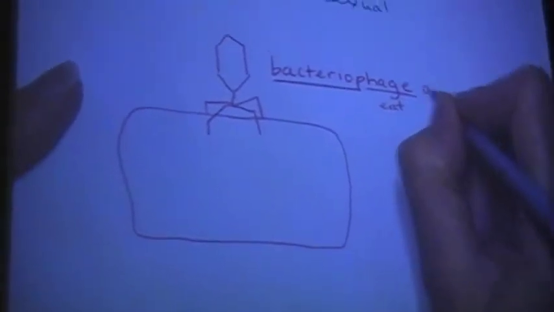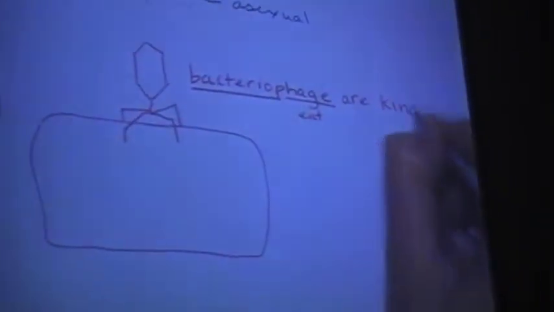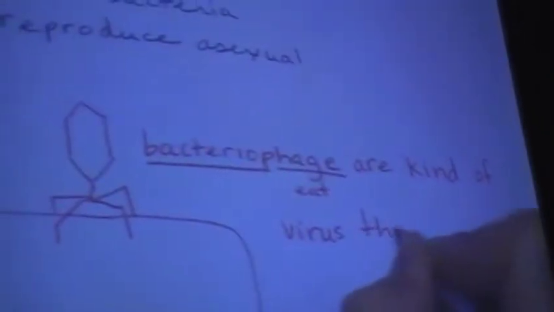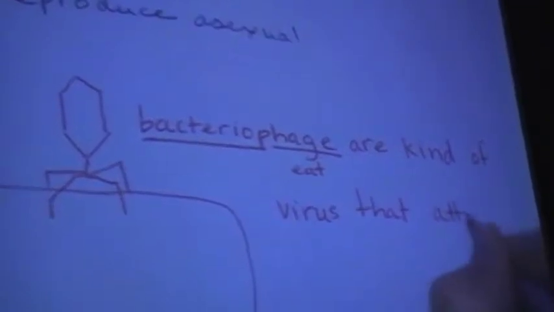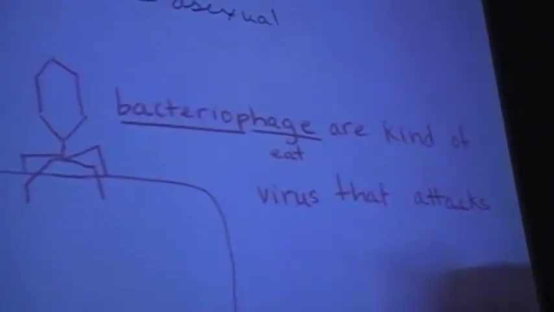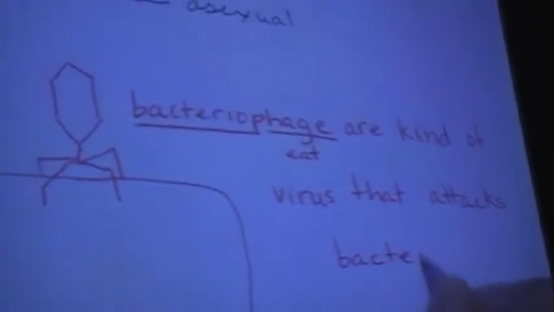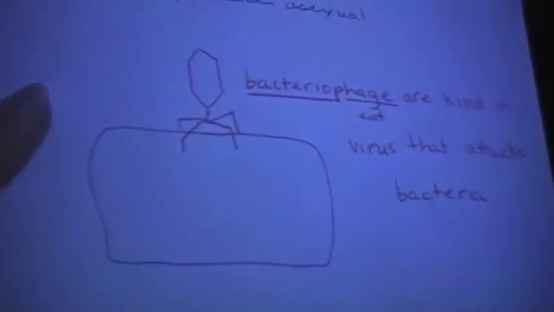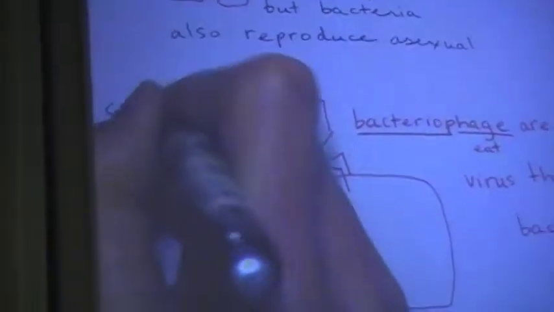Bacteriophages are a kind of virus that attacks bacteria. Okay? So basically all a virus is made up of is the outside portion, I believe, is called a capsid. And a capsid is basically a protein coat.